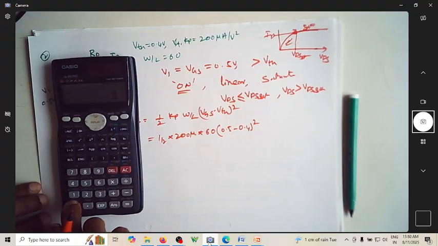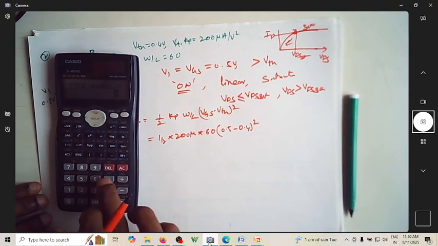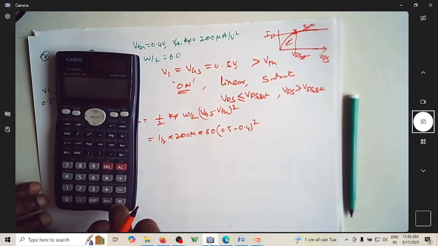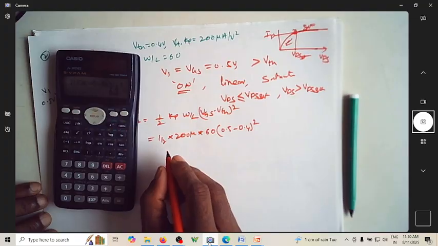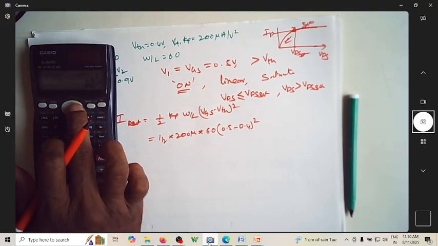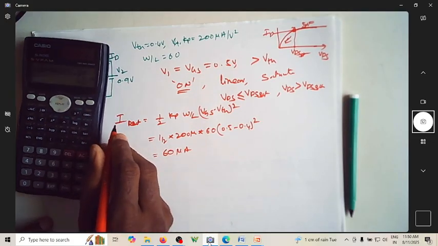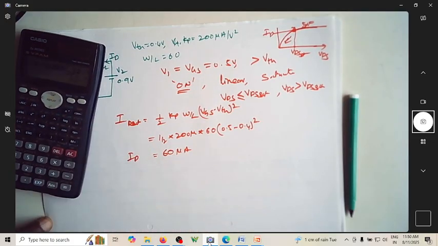If I substitute, it is 100 exponential minus 6 into 60 into 0.1 square, which happens to be 60 microampere, correct? So ID is 60 microampere.